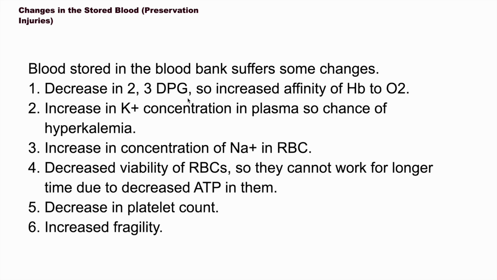Once the 2,3 DPG decreases, affinity of hemoglobin to oxygen increases, and there is an increase in the potassium concentration in the plasma causing hyperkalemia, increase in the concentration of sodium in RBC, decreased viability of RBC so they cannot work for longer time due to decreased ATP in them, and decrease in the platelet count and increased fragility.